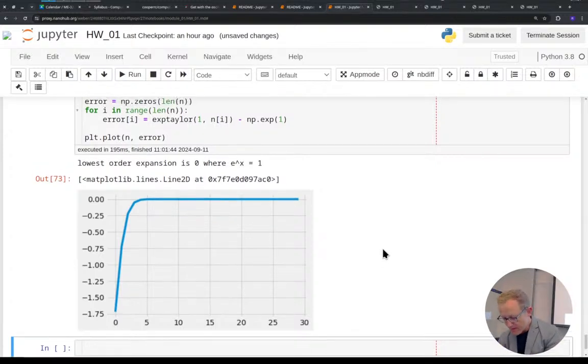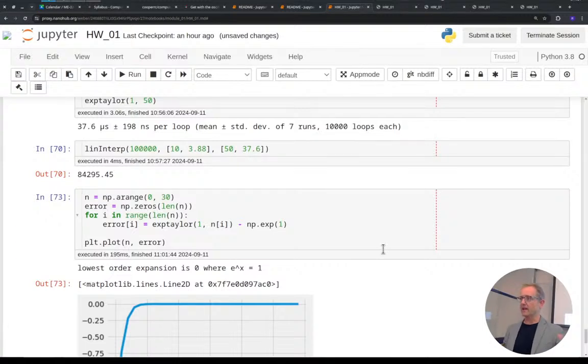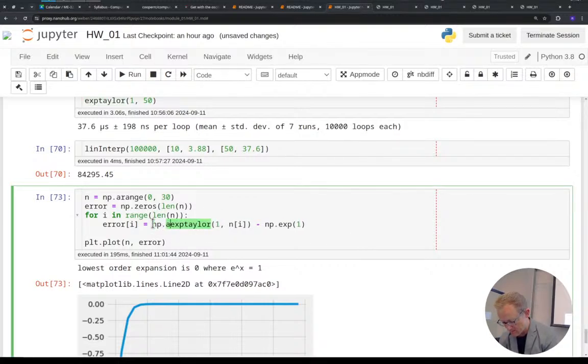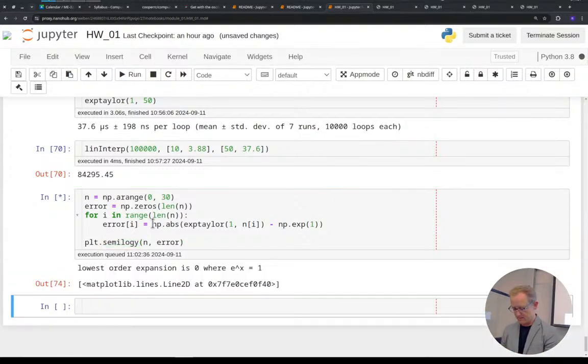But let's put that onto a log scale to look at actual convergence rates. A convergence of something usually happens on log scales, like 10 times more accurate, 100 times more accurate, something like that. So I can't see that on a linear scale. So I'll do two things. One, turn this into absolute value. And then two, I want semi-log y. So my x-axis is still linear, but the y-axis is factors of 10.